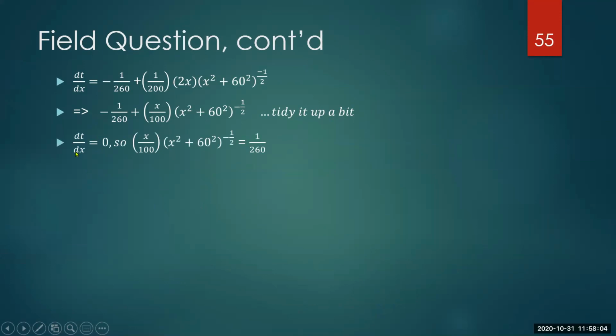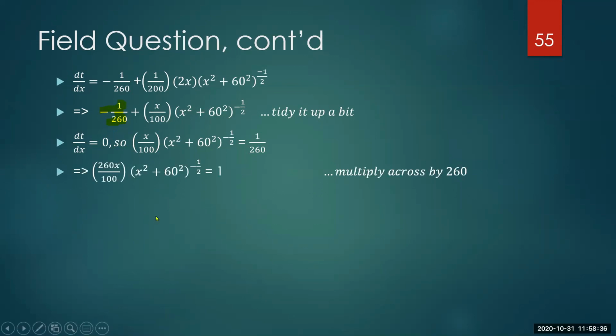And I'm also saying that dT/dx is equal to 0. So x over 100 into (x squared plus 60 squared) to the power of minus a half has to be equal to 1 over 260. You've got two terms here: the minus 1 over 260 piece, and that's added to the x over 100 piece. And all I'm saying is that when dT/dx is equal to 0, those two have to be equal.